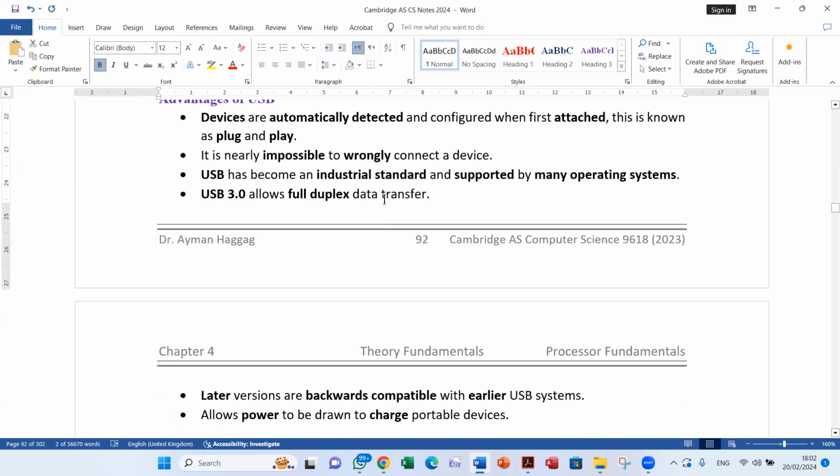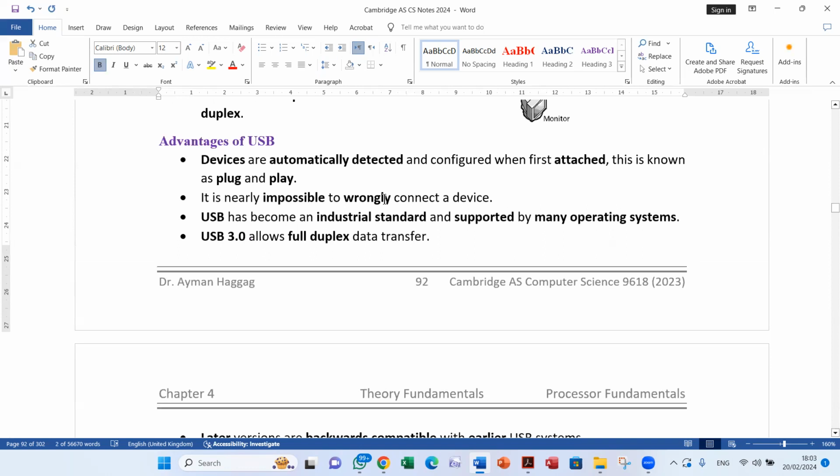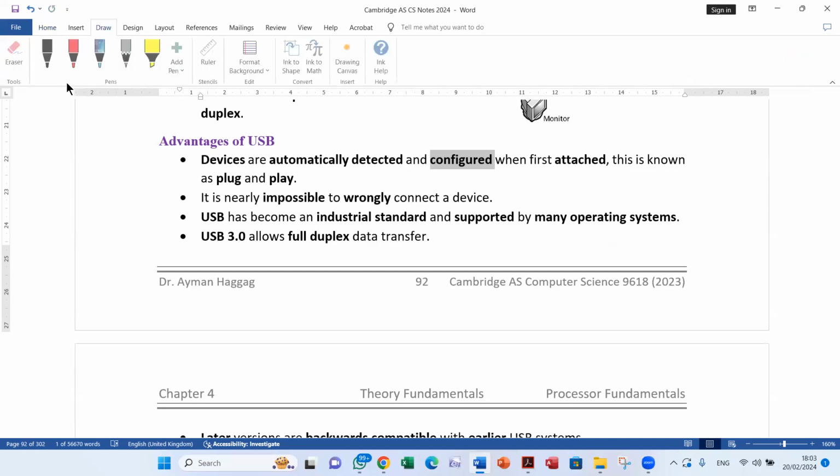Advantages of USB, all of this is just O-level. Devices are automatically detected and configured when first attached. This is known as plug and play. It is impossible to wrongly connect a device. USB has become an industry standard supported by many operating systems. USB 3 allows full duplex data transfer.